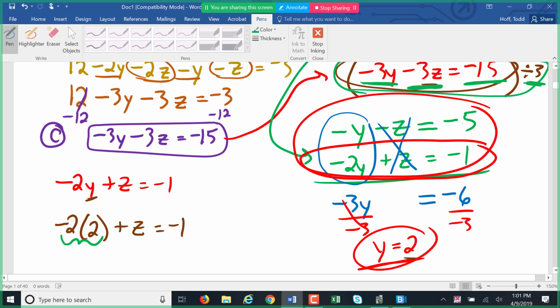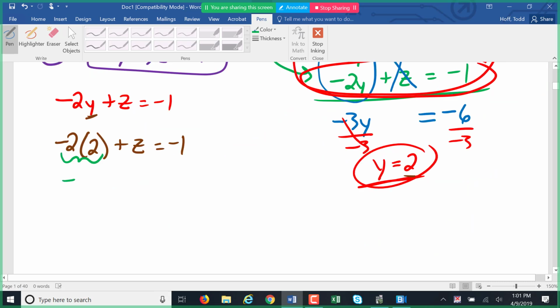Negative 2 times 2 is negative 4. So we have negative 4 plus z equals negative 1. And now to get z by itself, I add 4 to both sides. Z equals negative 1 plus 4 is 3. Any questions?